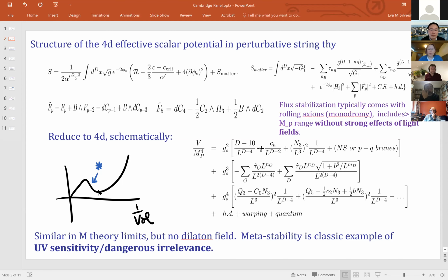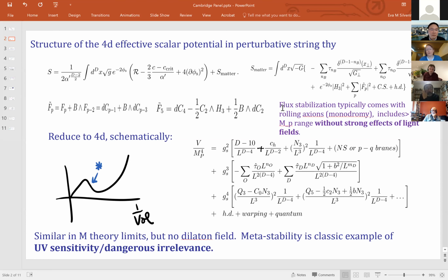A crucial role is played by this little metastable dip in the potential coming from some kind of source of negative potential energy. That can be certain defects we call orientifolds. It can be things like Casimir energy or other quantum effects. Fluxes play a big role, as everybody probably knows, but in string theory, these fluxes are what we call generalized fluxes, which include contributions from lower form fluxes wedged with what become axion fields.